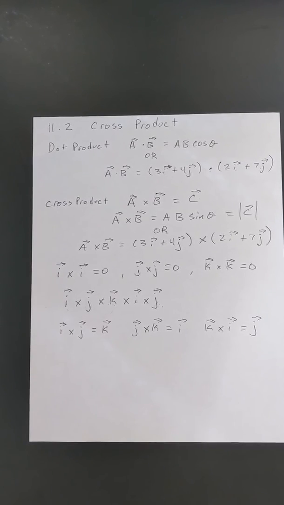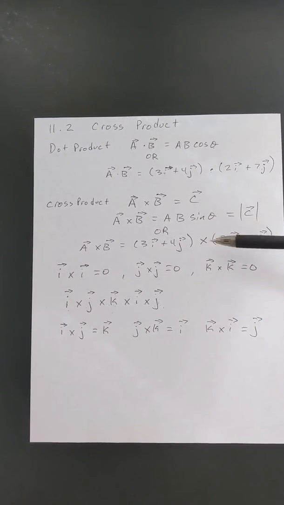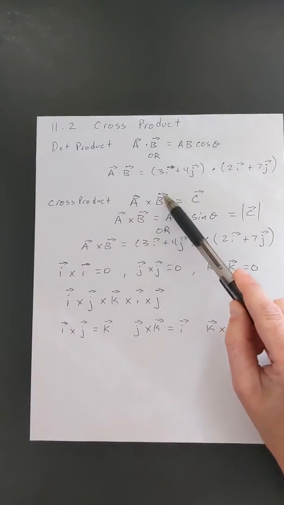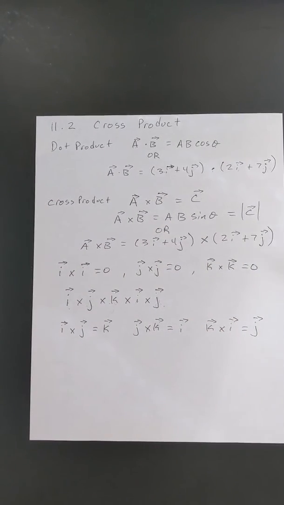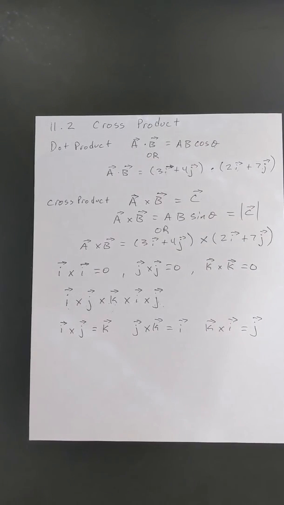So just to wrap it up, dot product, you know about dot product. So go review it a little bit just to make sure you're not confusing it with cross product. Cross product's a little different. When you multiply two vectors, you get a vector. We can still get a magnitude, but you have to do A B sine of the angle between them.